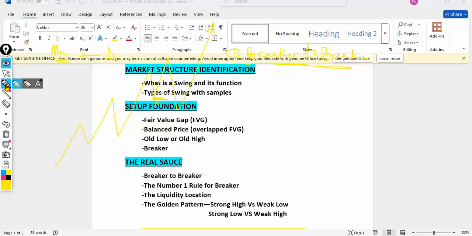So whatever you are seeing on lower time frame, just take it to higher time frame to see whether that break of market structure is in the same direction with the higher time frame break of market structure, the last break of market structure. Okay, the last breaker.